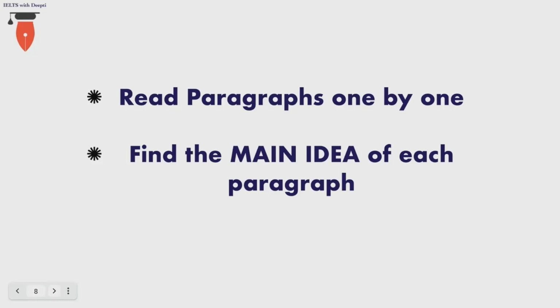This is how you're supposed to proceed. You have to find the main idea of each paragraph. Don't get too much into the specific details of the paragraph. Stick to the main idea of each paragraph, and based on that main idea, you will be able to identify the correct option.